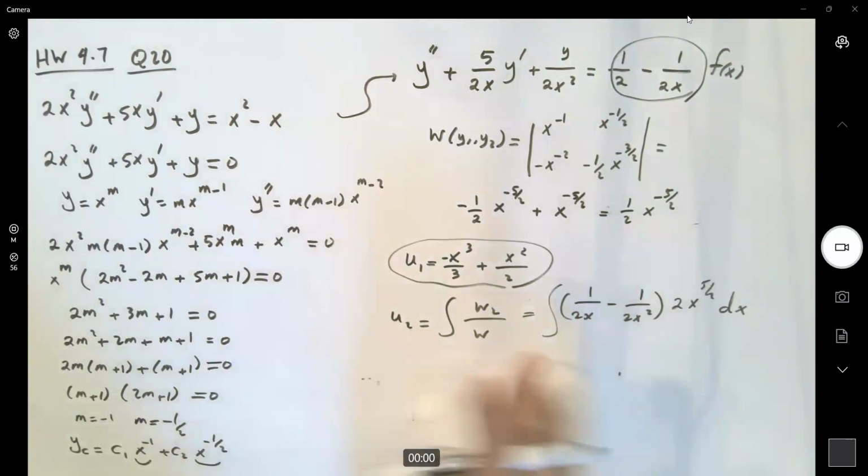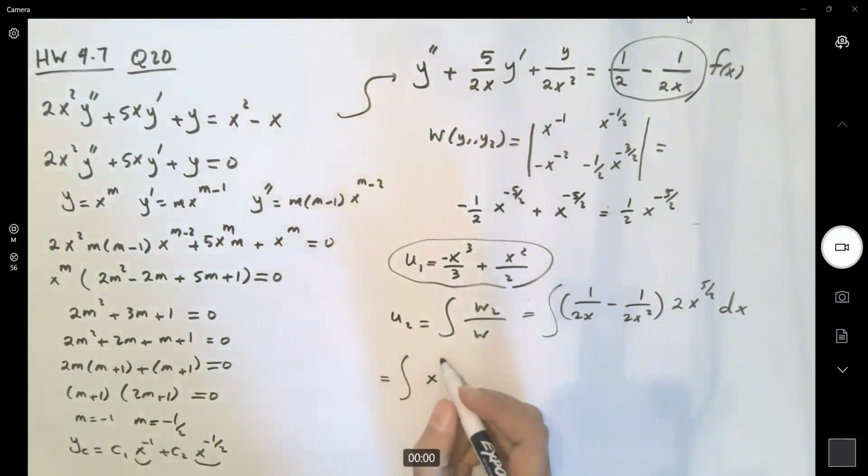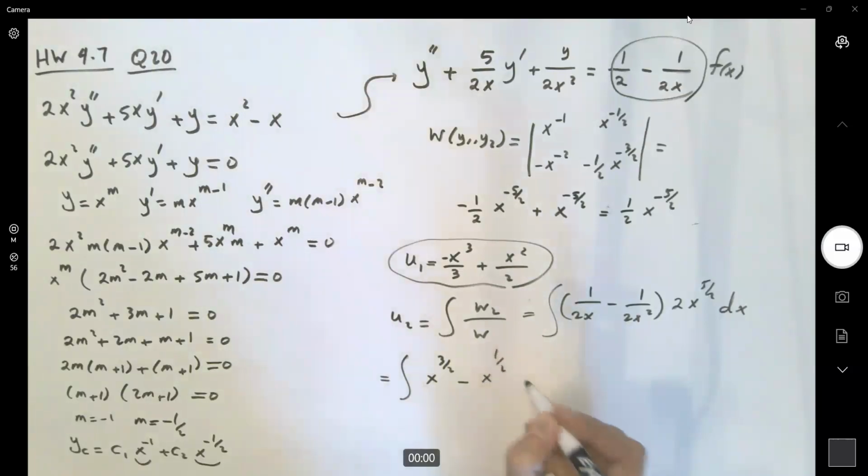Let's erase this part of the board. This becomes the integral of, the 2 and 2 can cancel out, x to the 3 halves minus x to a half dx. Very good.